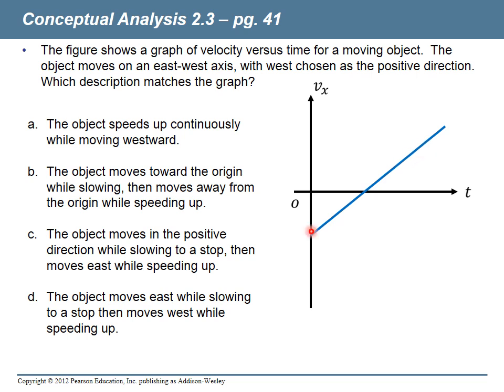So it starts out east, slows down until it stops, then reverses and increases in the westward direction. So the answer would actually be D: the object moves east while slowing to a stop, then moves west while speeding up.